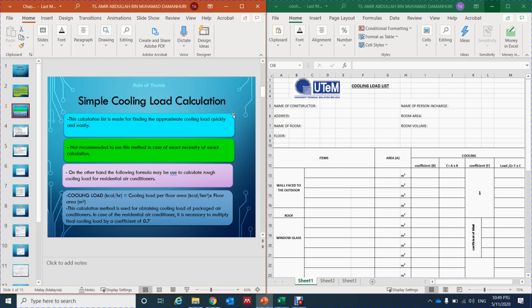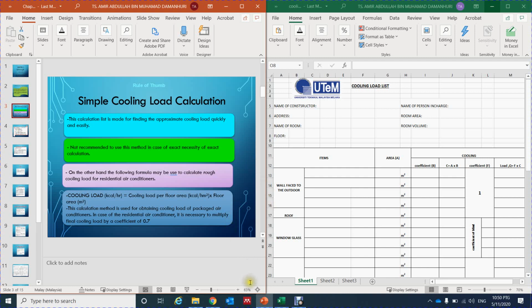It is also used to calculate a rough cooling load for residential aircon, for example a split unit, package unit, or ceiling cassette unit for your house. The formula is: cooling load equals cooling load per floor area multiplied by the floor area in square meters.